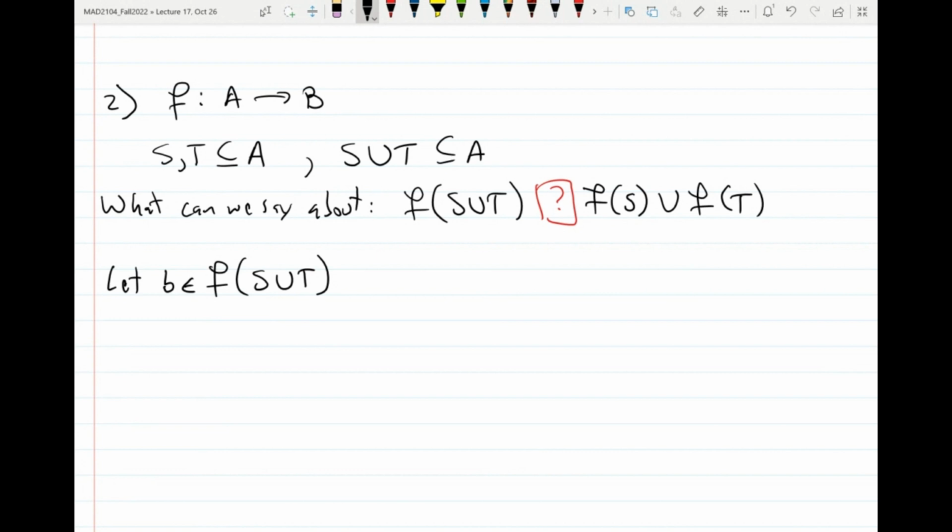So then, and when I say then, it means this follows by the definition, there exists an a in the union such that f of a equals b. That's what it means to be an element in the image. That's the definition of the image.